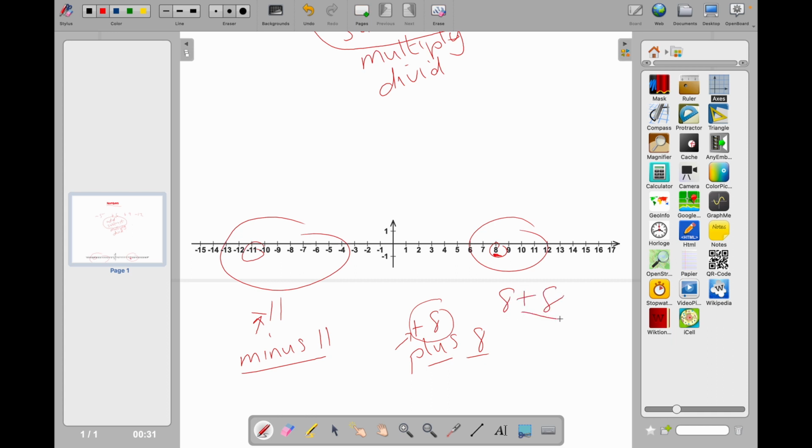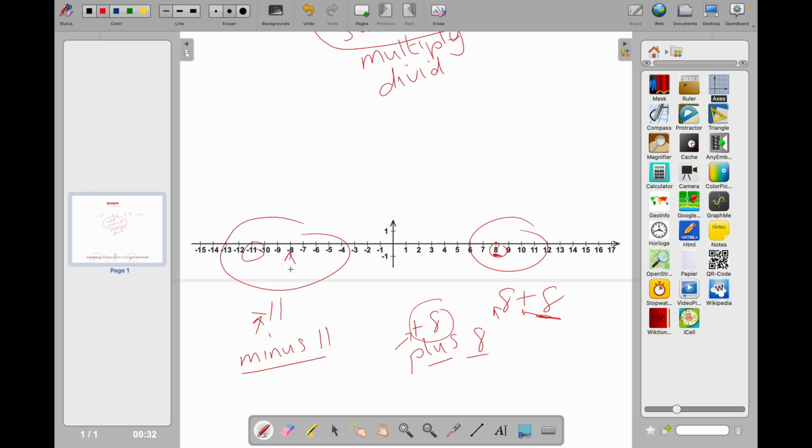Numbers without a sign before them are positive. If it's negative, you will see the sign. The sign will always be there to tell you that this is negative.